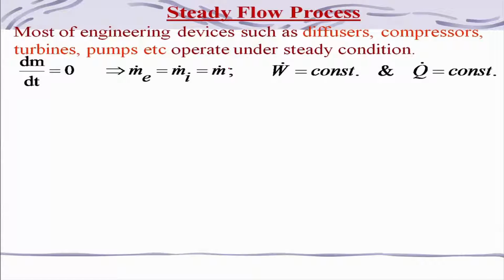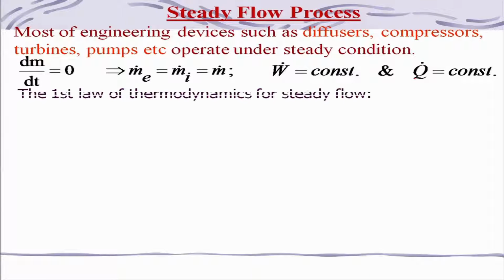In this problem, particularly for the diffuser and the nozzle, we can say there is no work done. But for the compressor and turbine, we cannot say this is constant. And the heat interaction, we can say it is constant.